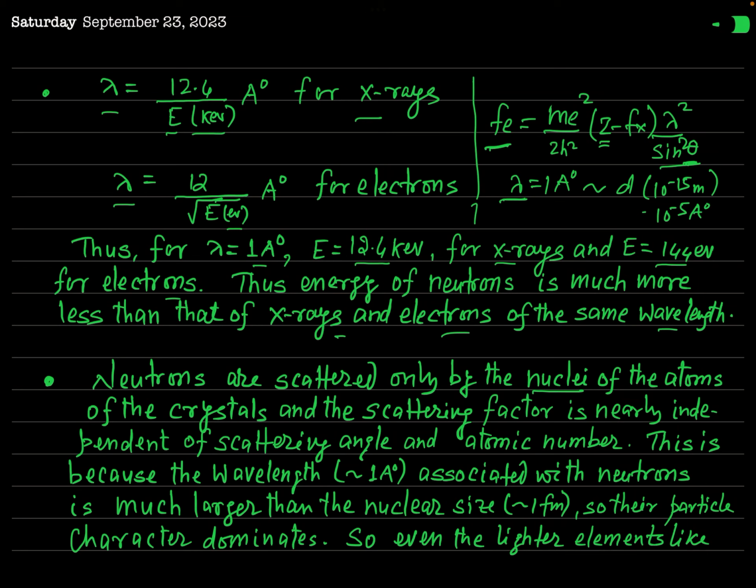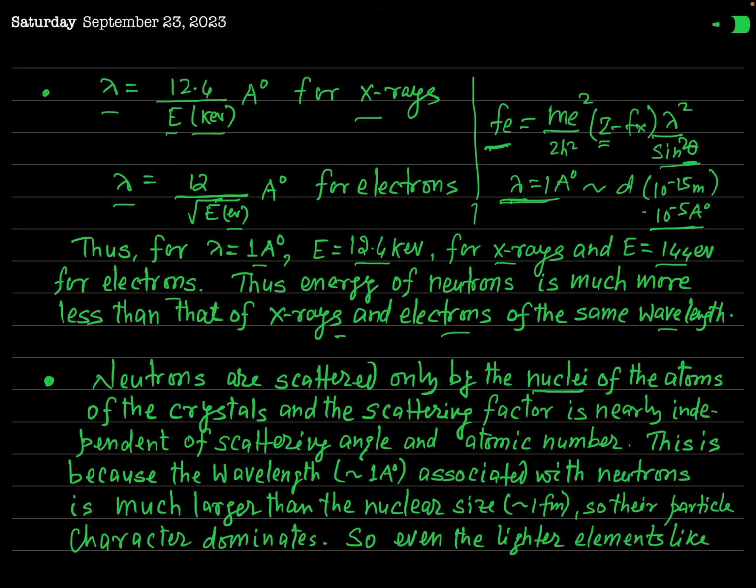So what are we seeing here? The size of the diffraction aperture is 10 to the power minus 5 angstrom, but the wavelength of this neutron is 1 angstrom. So this nucleus cannot act as an effective diffraction aperture for such a neutron. So in this condition, our neutron does not act like a wave.